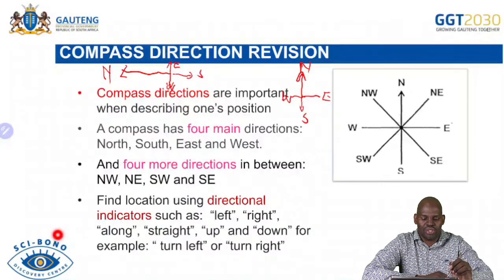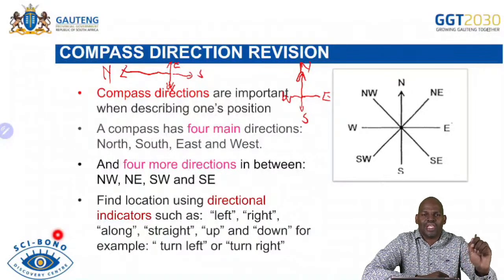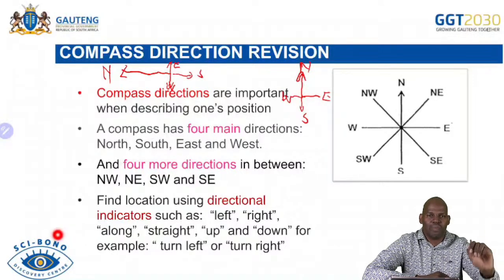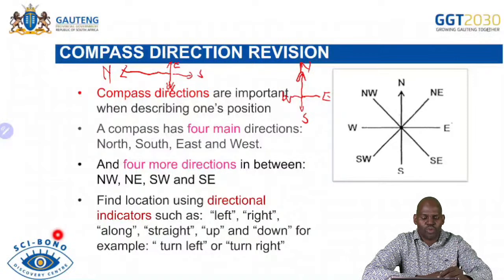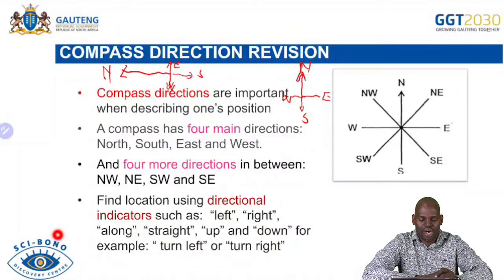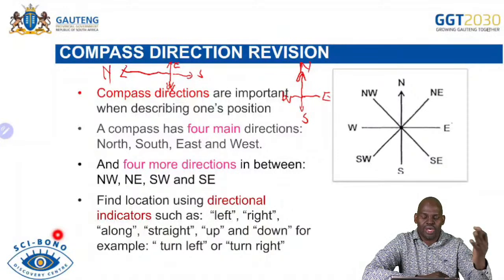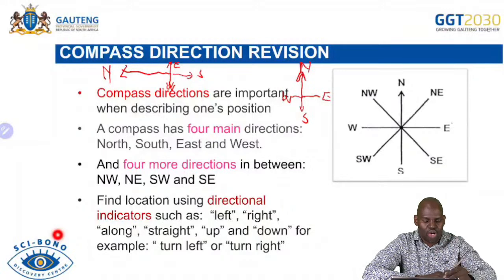Then to find a location using directional indicators, in some cases the examiner would say, describe a direction on how to get to a certain place. Now, if you describe, please remember to use the following. Left, so it means if a person must turn left, make sure that you indicate that you follow the route and then you turn left, or you turn right, or you drive along, or you drive straight, or you drive up, down.